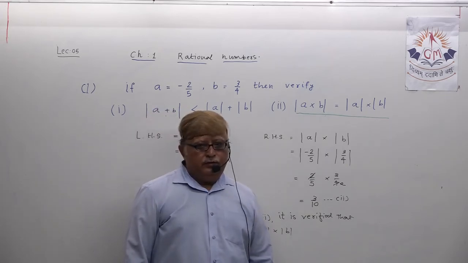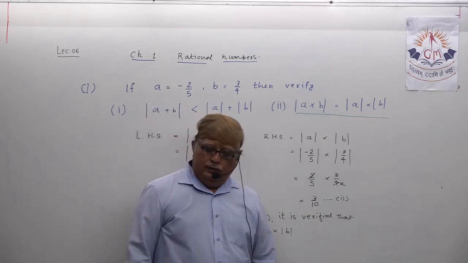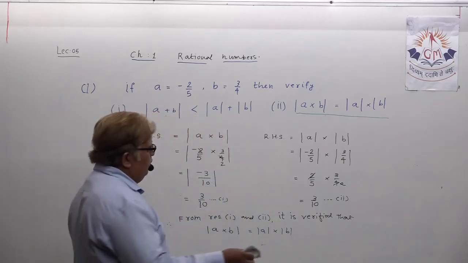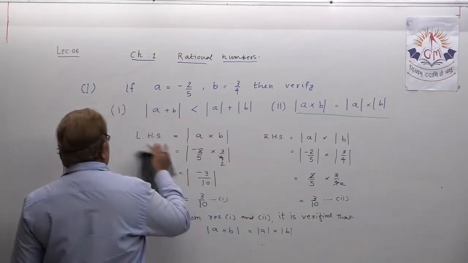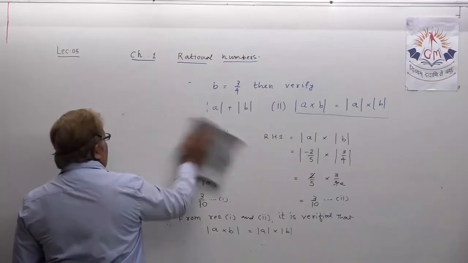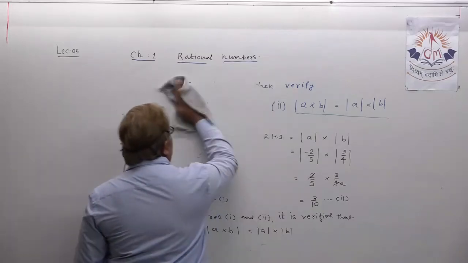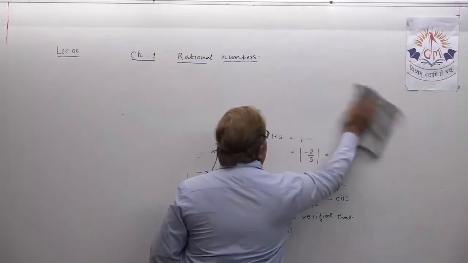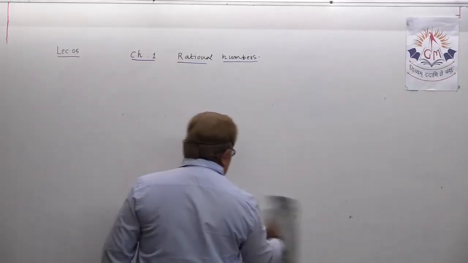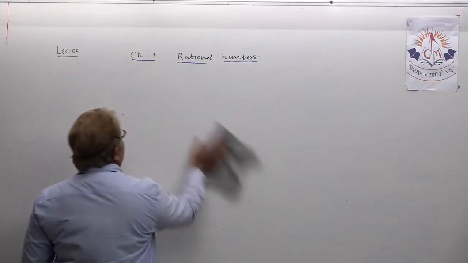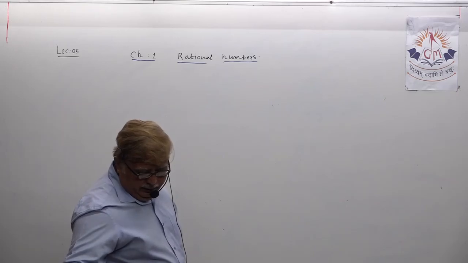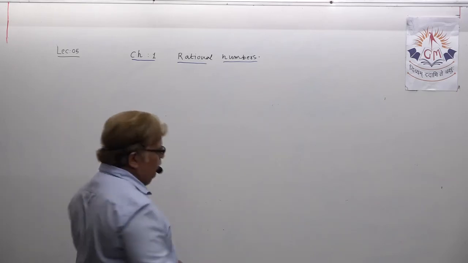properties of rational numbers. Let us solve one more example of the same type, so that you can practice it and the concept becomes clear in your mind. The example I am writing, you write with me.